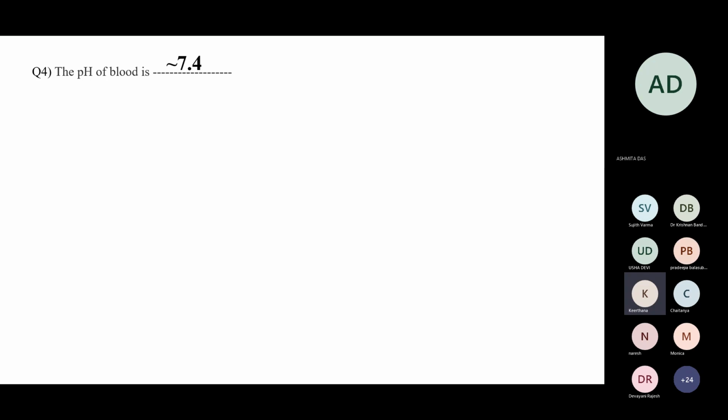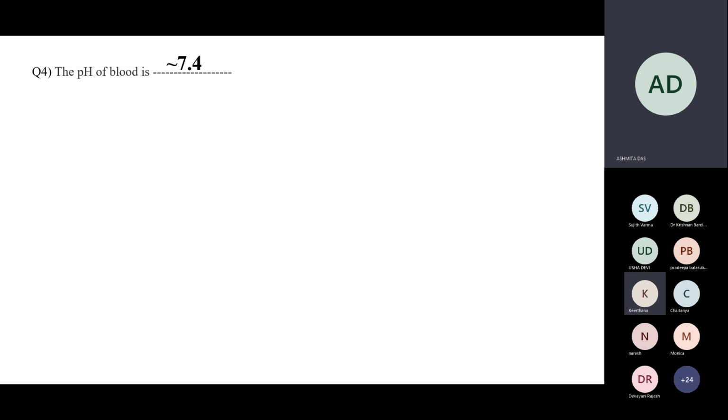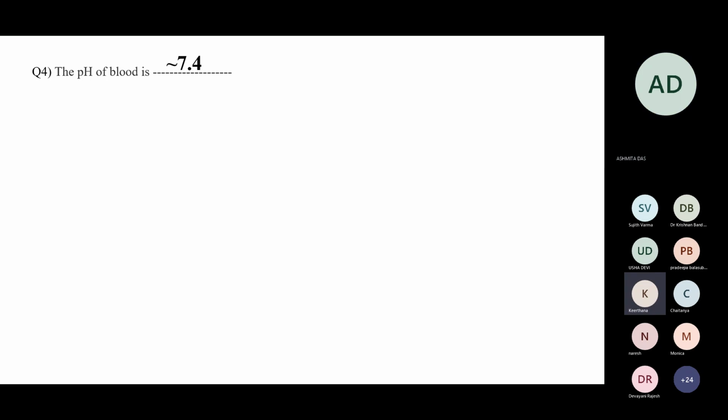Is it by bicarbonate ion concentration? Blood is a buffer, right? In the lungs, carbon dioxide exchange happens, so I guess it can regulate the pH.